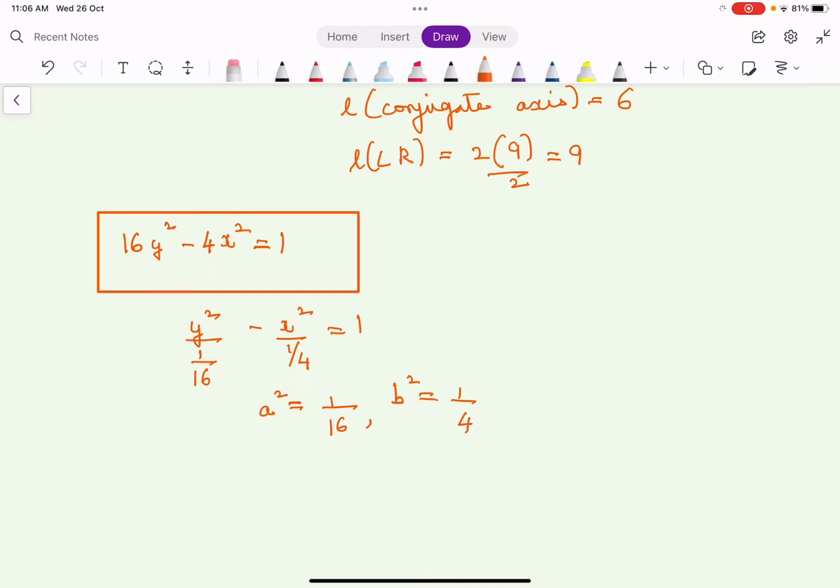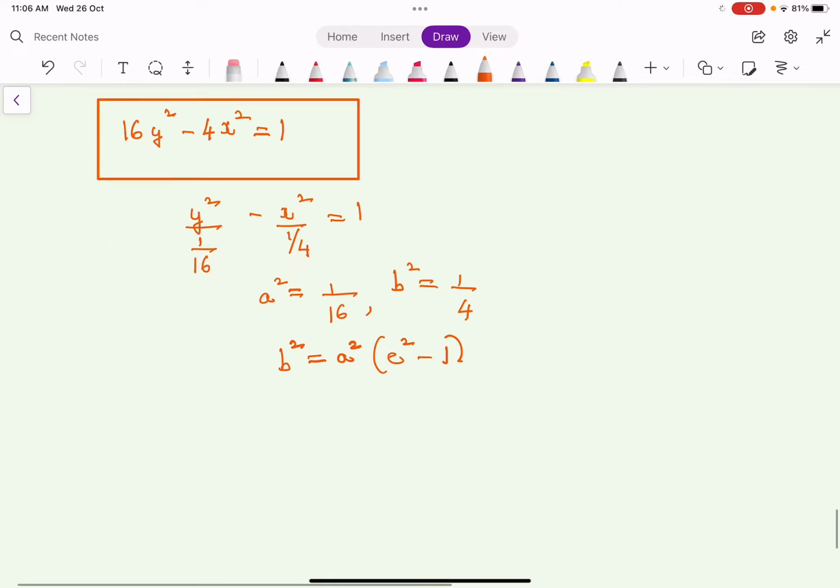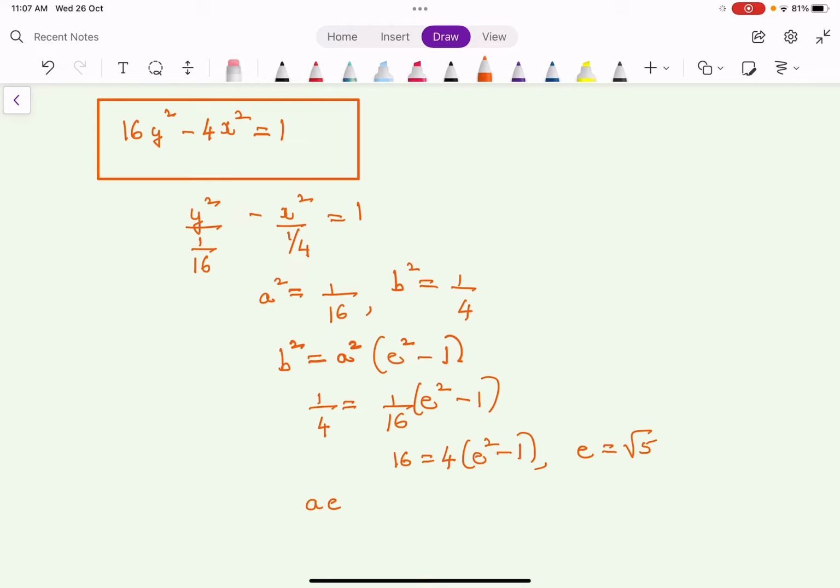And if I use the formula b squared equal to a squared into e squared minus 1, I get 1 by 4 equal to 1 by 16 into e squared minus 1. So you will get 16 equal to 4 into e squared minus 1, and simplifying you would get e as root 5. So your AE will be root 5 by 4, because a is 1 by 4.